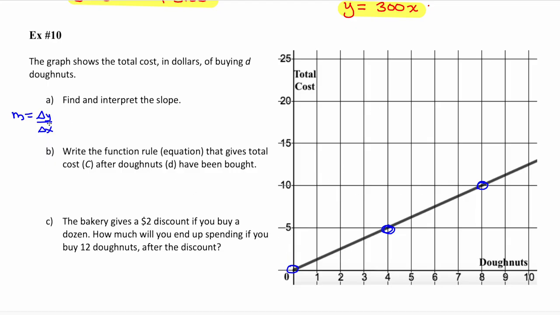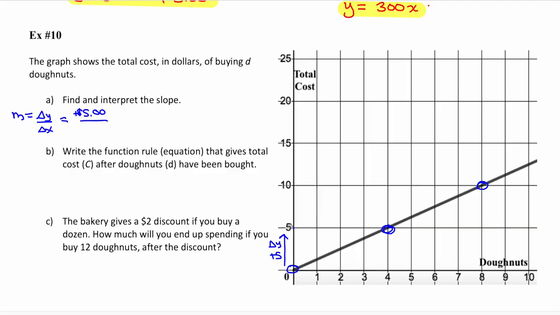So what is our slope? Our change in y, going from this first coordinate to this location, is positive 5, so we'd have plus $5, always using our units.